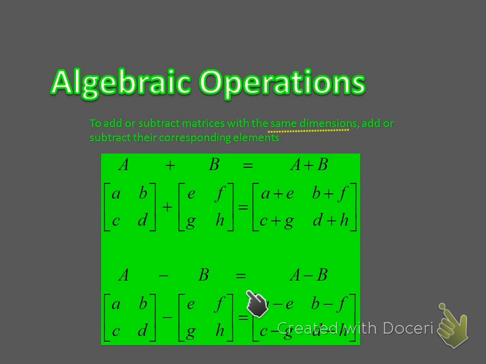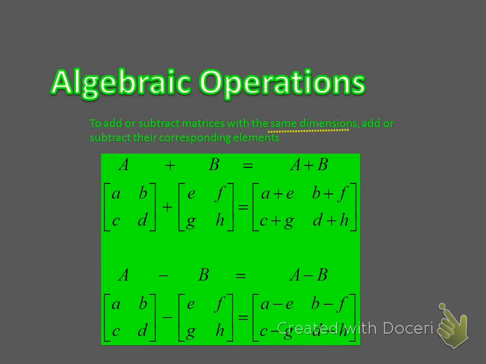Same for subtraction too, except surprise, surprise, it's a subtraction sign in the middle. So you're literally adding or subtracting the corresponding parts. From one to the next to your answer, your dimensions don't change. Kind of makes sense.